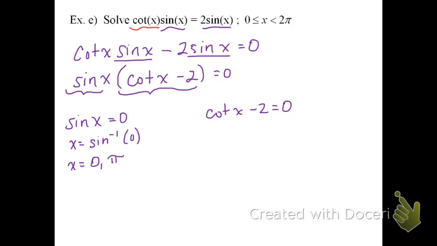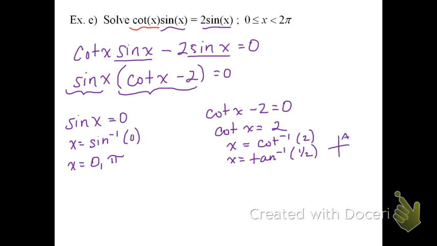When I'm working over here with this equation on the right, the first thing I want to do is isolate my cotangent x, and then I'm going to take the cotangent inverse of both sides, and because I don't like working with a cotangent, I'm going to change it back to tangent inverse of 1/2, using the reciprocals of both.